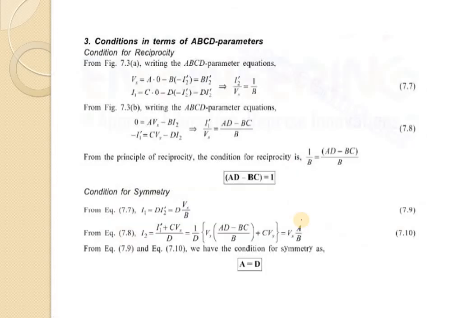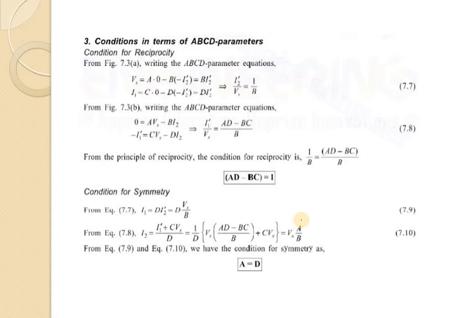Now we do the same thing for ABCD parameters. We have applied the condition for reciprocity, and putting all those values in the ABCD parameter equations, we get that the condition for reciprocity of an ABCD network is AD minus BC equals 1.